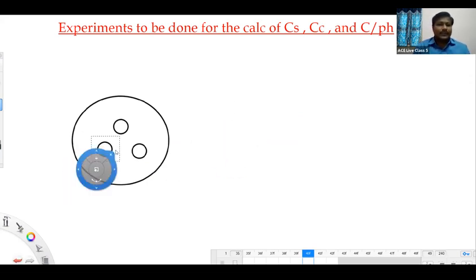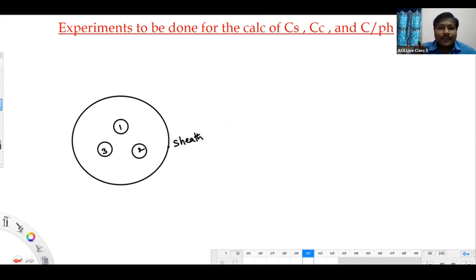Like this, 3 conductors we have: core 1, core 2, core 3. And this is the sheath, which is not grounded now. We are taking that cable to the lab, so the sheath is not connected to ground. That's the thing.